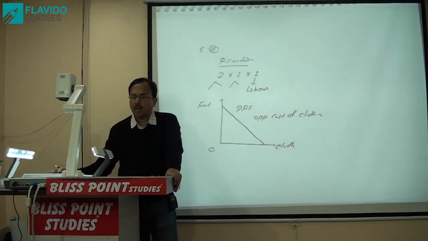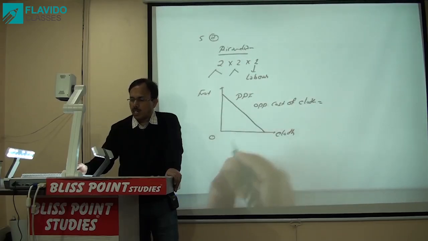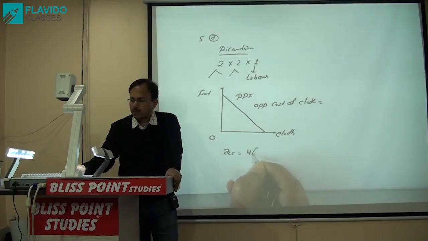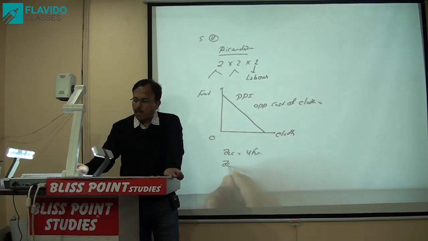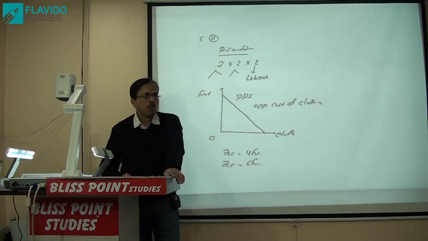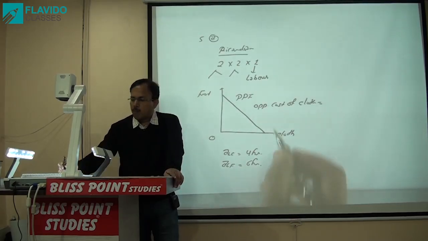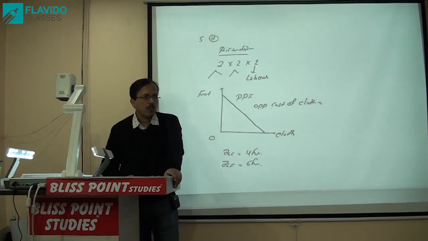If I give just one example, if I say that the unit labor requirement for cloth is 4 hours, it takes 4 hours to produce 1 unit of cloth, and unit labor to produce food is 6 hours, it takes 6 hours to produce 1 unit of food, then what is the opportunity cost of cloth? Opportunity cost of cloth means simply if you produce 1 more unit of cloth, how many units of food have to be given up.